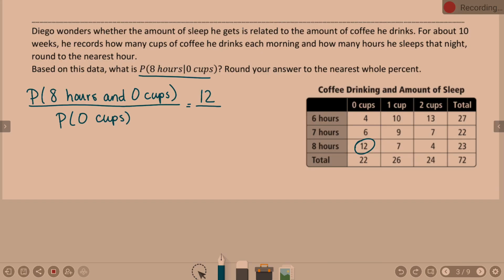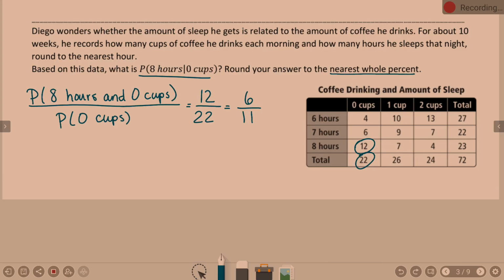Probability that he drinks 0 cups of coffee. How many times did he drink 0 cups of coffee? 22. What do we know about 12 over 22? 6 out of 11.